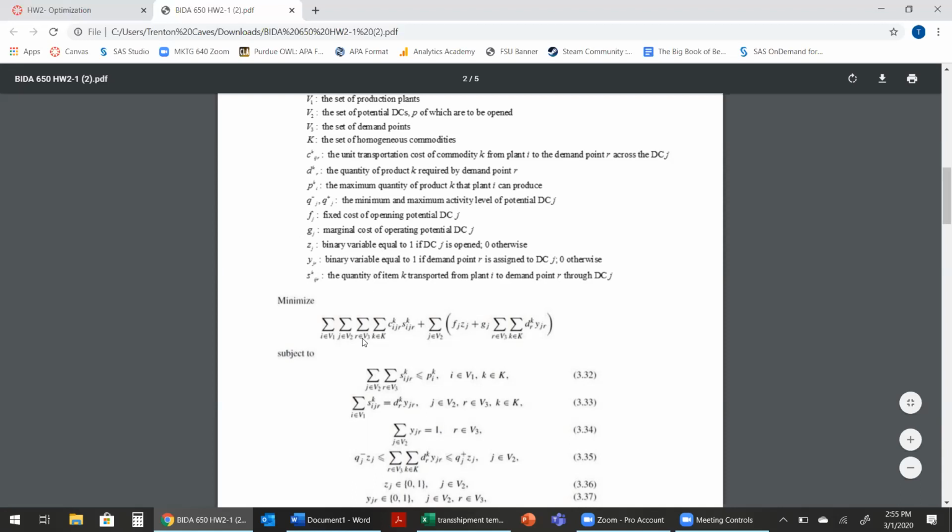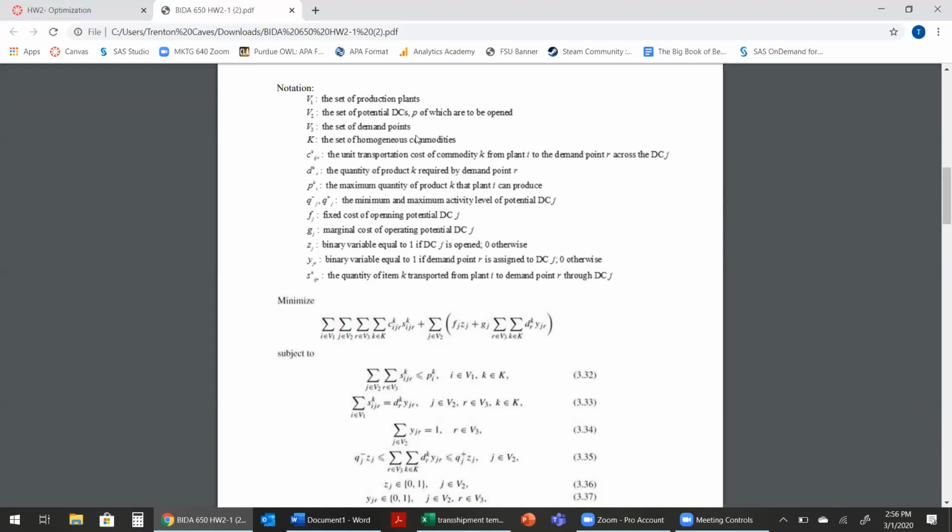V3, the third symbol in our objective function, r is a subset of V3. V3 is the demand points. In our transshipment problem, our demand points corresponded to our retail outlets.